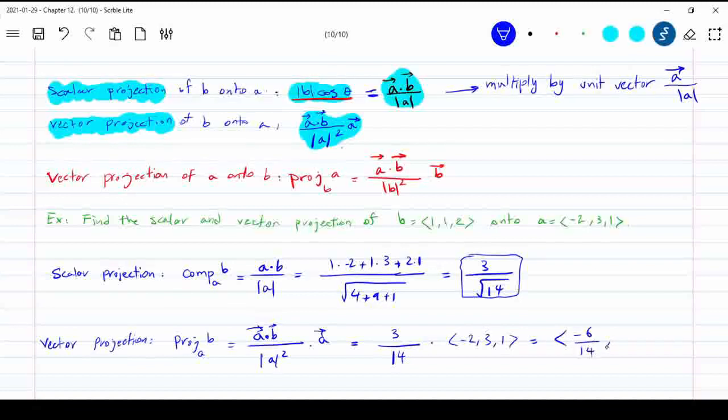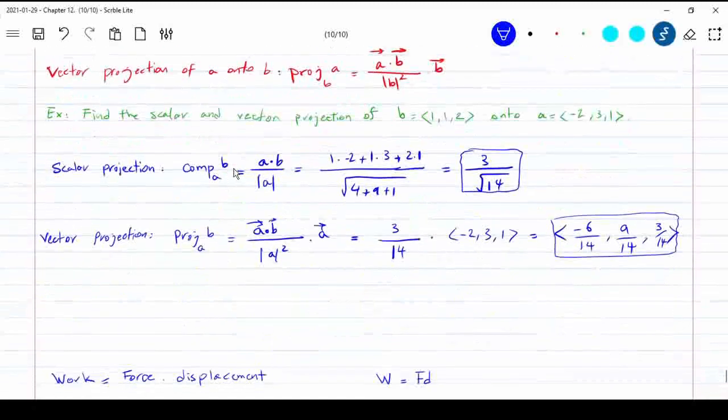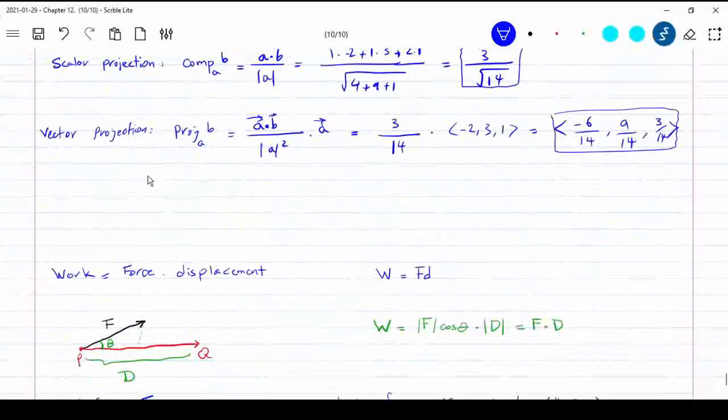Negative 6 divided by 14, 9 divided by 14, 3 divided by 14. And I found a vector. This vector is in the direction of A, and it's the projection of B onto A. Not too difficult, I hope.